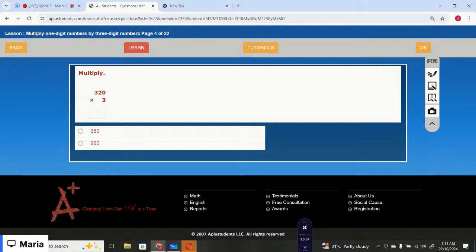Very good. That is option number 2. That is 960. Option number 2 is the correct option.